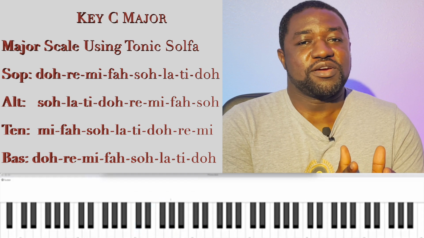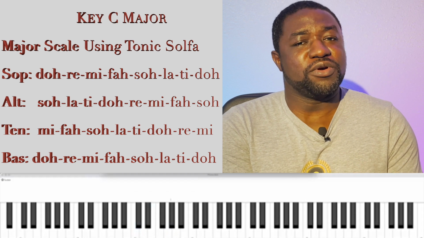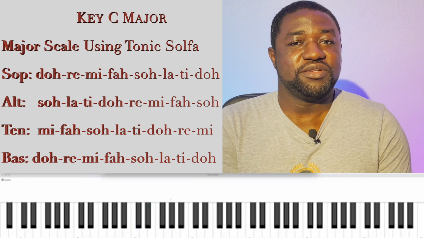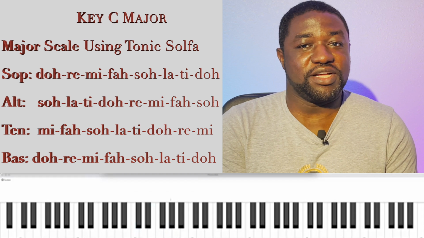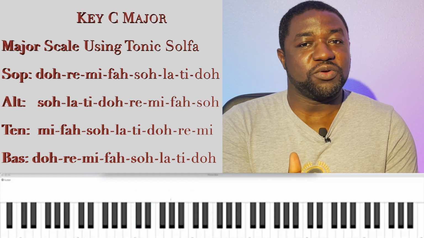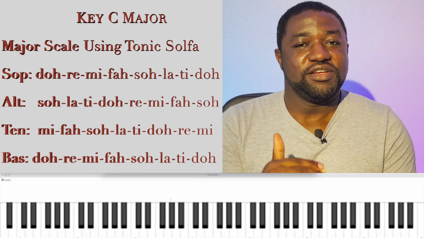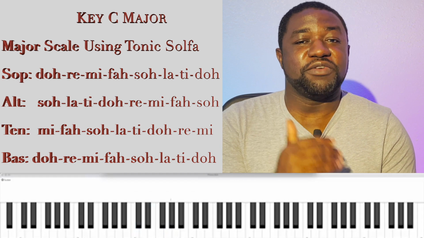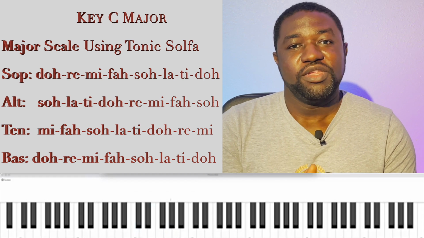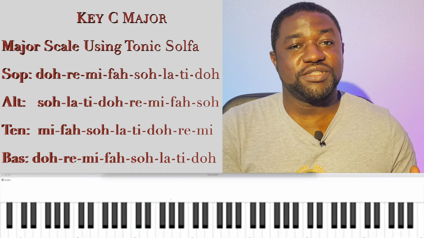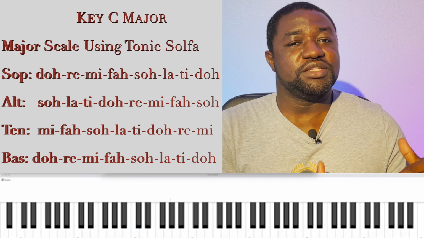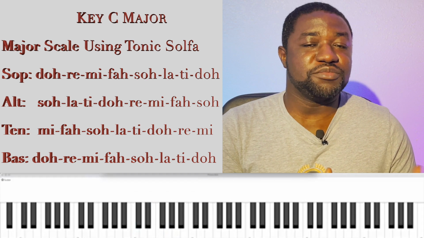This is how chords are being formed and how vocal harmony is being formed in music. It's as simple as that. So you just find that particular range. The one that is lower for the female voice is the alto. The one that is the highest for the female voice is the soprano. The one that is higher for the male voice is the tenor. And the one that is the lowest for the male voice becomes the bass.